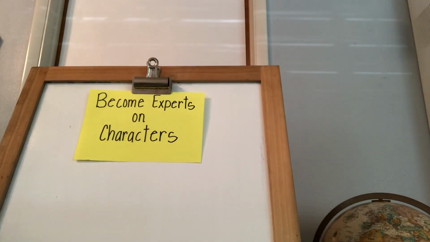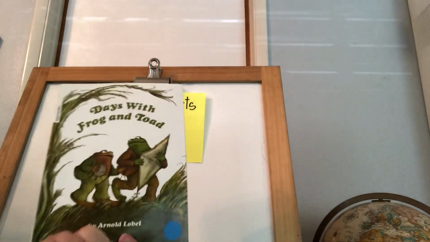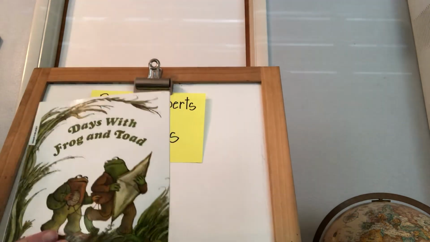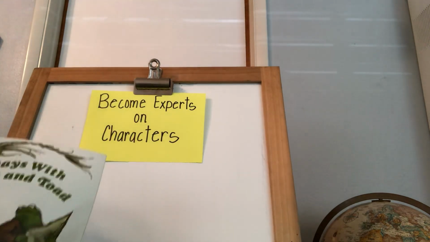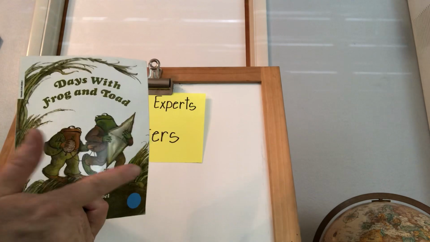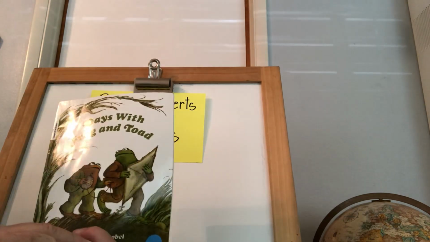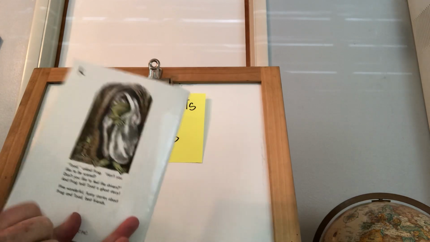So just reading the first couple of pages, before I've ever really gotten into this story, I've learned some really important things about the characters. I've learned that they're really good friends, best of friends, that they like to do things together. I learned that they even tell scary stories.